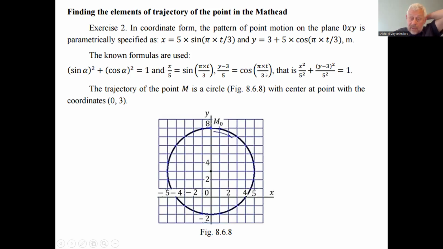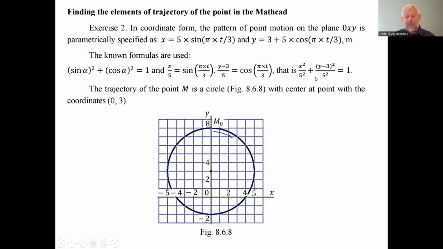Then we raise each side to the second power, and the sum has to equal 1. This is the known dependence from trigonometry: the total of squared sine and cosine equals 1.